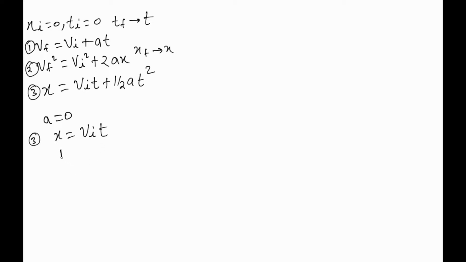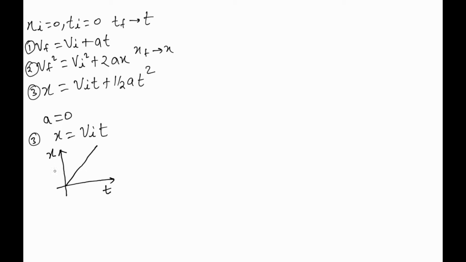And if you graph, this is called a displacement time graph. So if you plot x, the displacement, on the y-axis, and time on the x-axis, you see that this is actually the equation of a line. So this is x equals Vit.